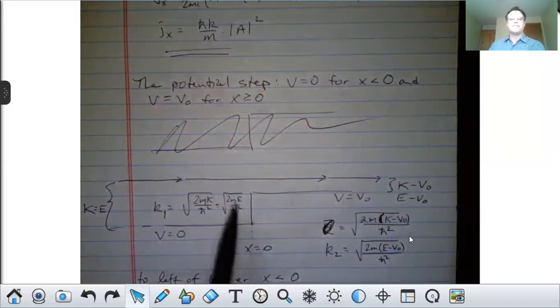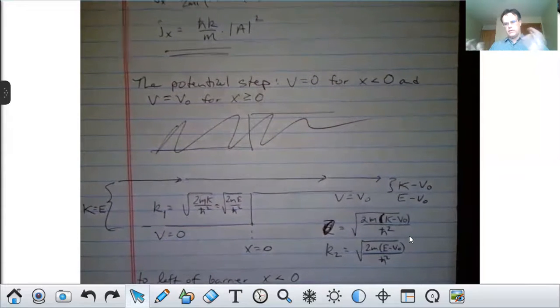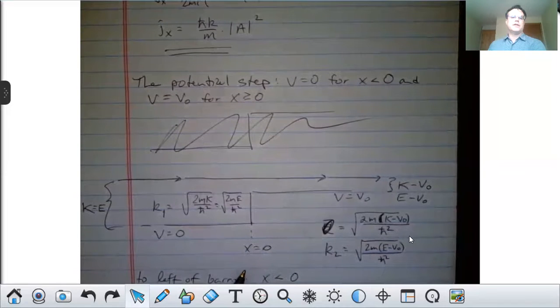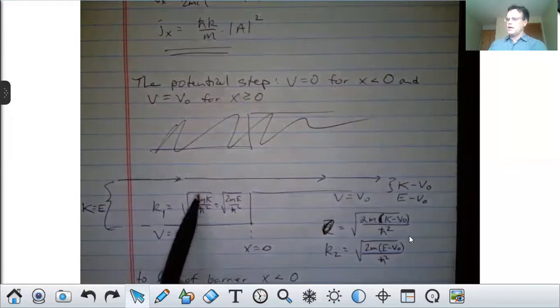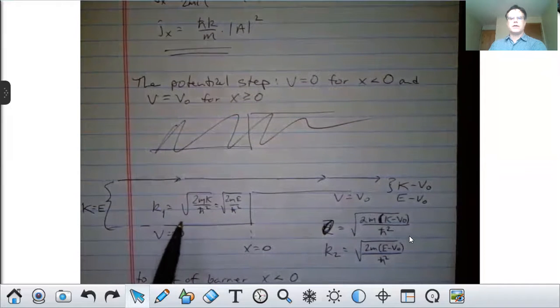This comes from the Schrodinger equation, and is similar to what we had for the infinite square well, but now we've got a different potential energy function here. Again, it's kind of artificial in a way, but it does denote a very common thing that happens. So we've got our incident wave number, or our incident momentum sort of vector.